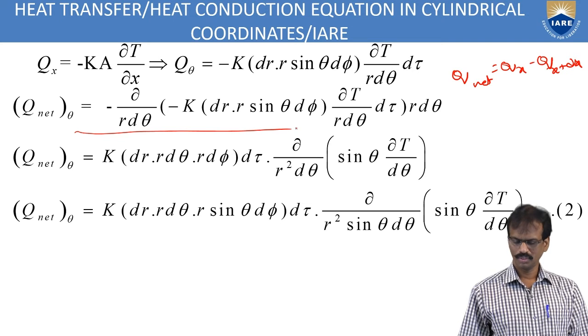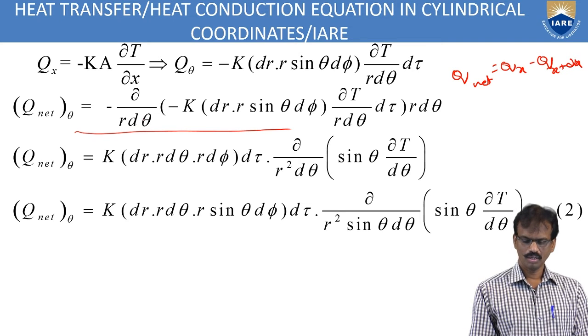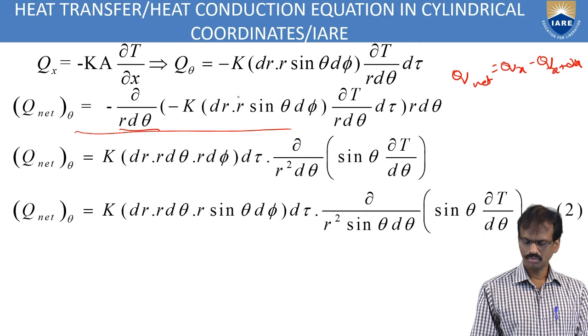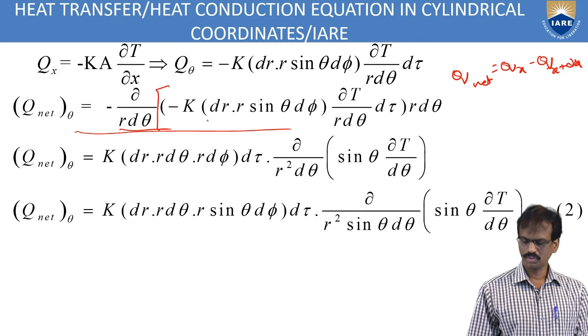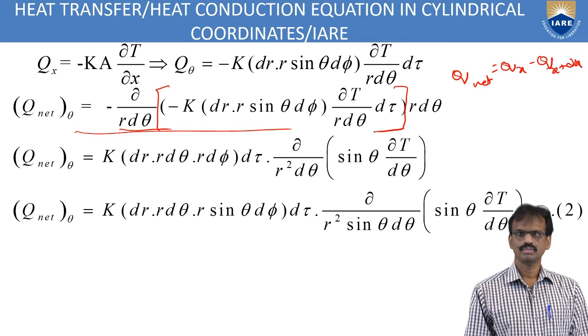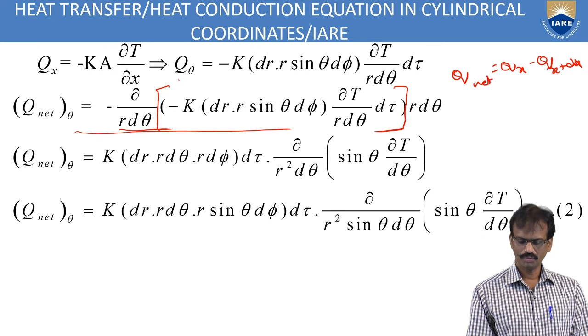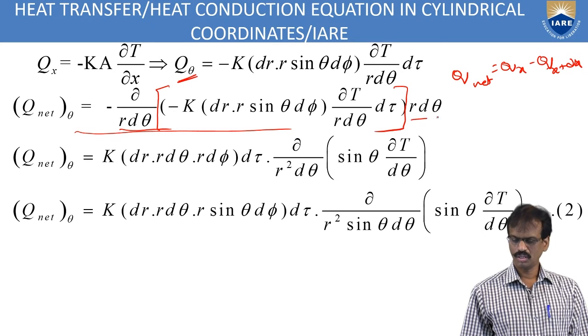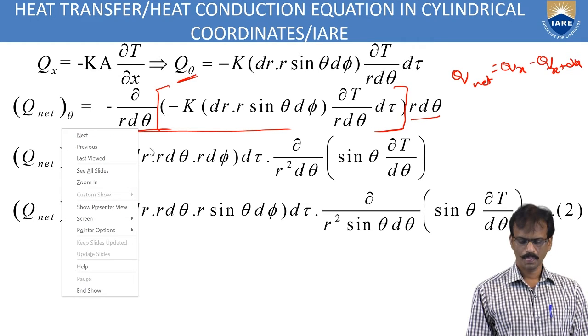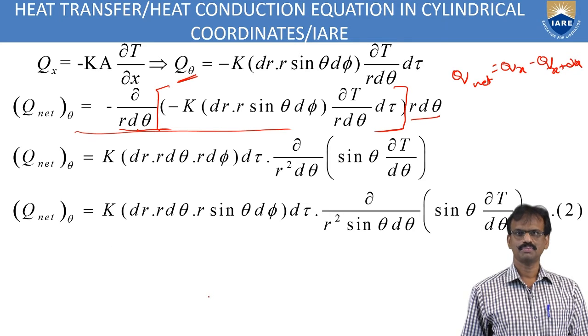Here I am substituting the direct value, not qx, this is the q theta value. So q theta into r d theta. Here we take the derivative with respect to theta.